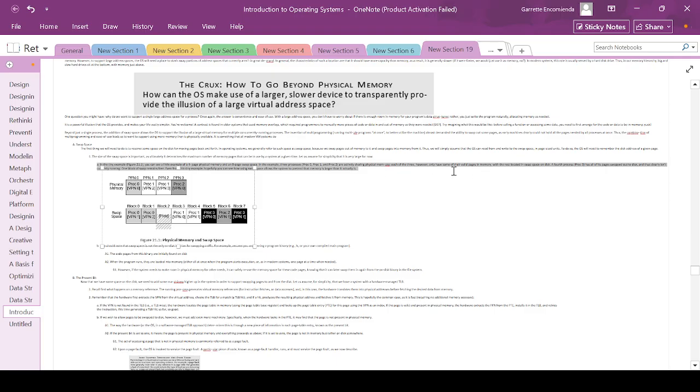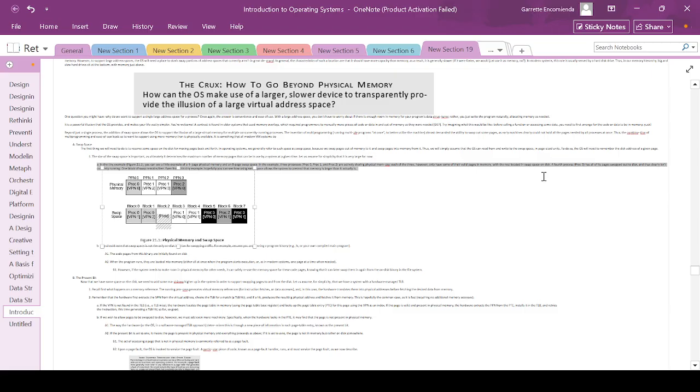Each of the 3, however, only has some of its valid pages in memory, with the rest located in swap space on disk.